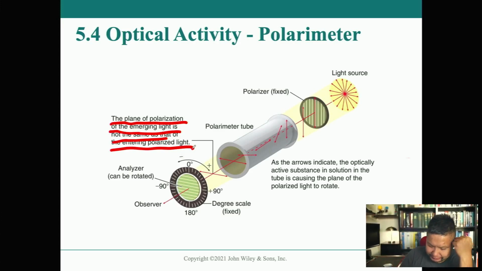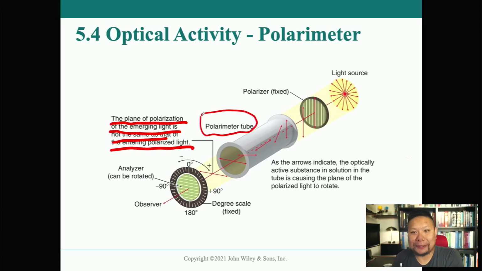That's just having two filters. But then you could put something in between called the polarimeter tube, and even though you had vertical light coming through because of the filter before it, the polarimeter can change that light 90 degrees. So now it's horizontal, it can pass through the horizontal filter, and you can see it now.